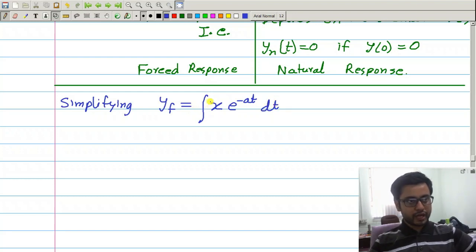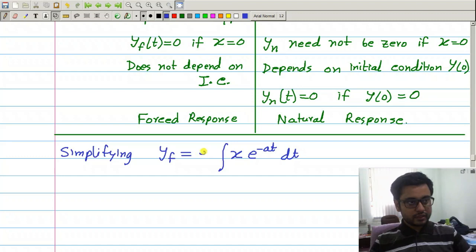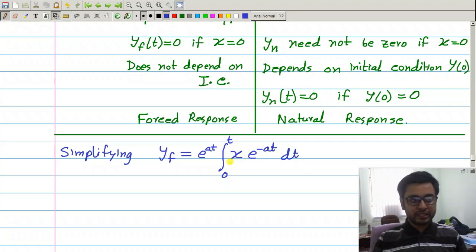And we also have e to the power at here. Now to simplify this, we need to know the input x, the functional form of the input.